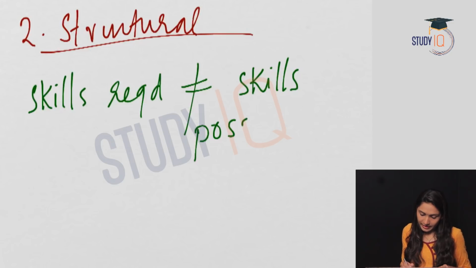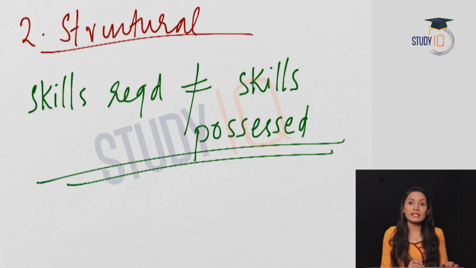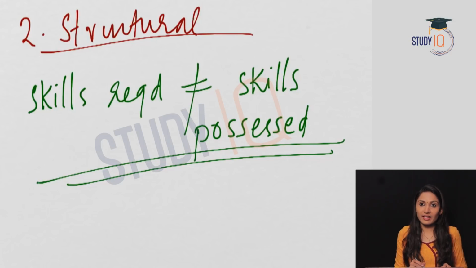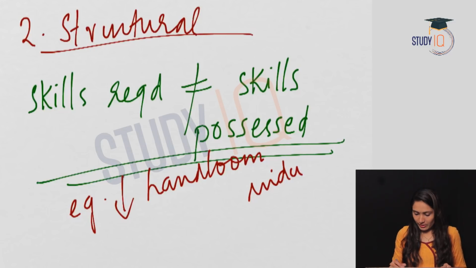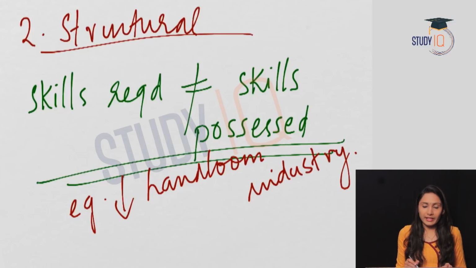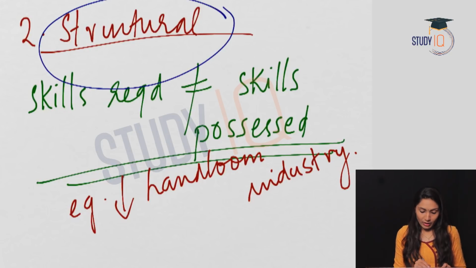An example of structural unemployment would be the decline of handloom industries because of the technological revolution. Another example of this kind of unemployment, the mismatch between the skills required and the skills possessed, would be demonetization.